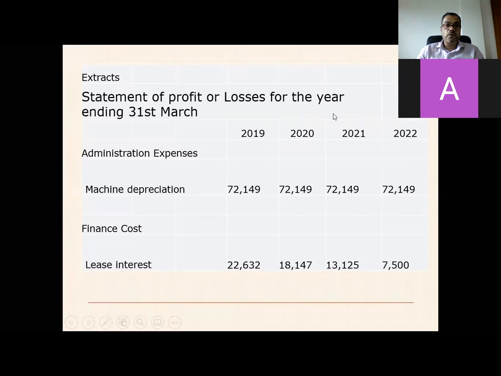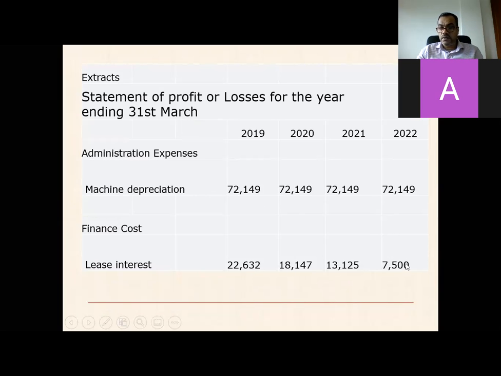The statement of profit or loss for the year ending 31st March would be like this. It is straightforward. Assuming that there is no residual value, 188,000 something is divided by 4 for 1 year. Depreciation is 72,000, and the same amount is being charged. You know this, I need not explain.